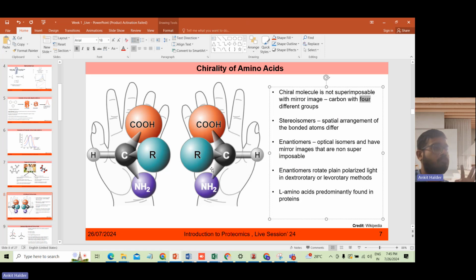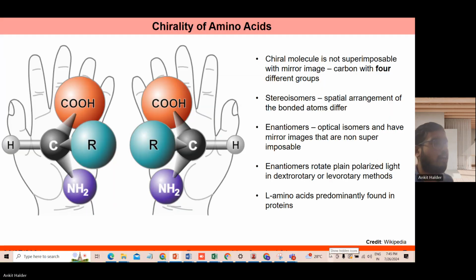So there must be four different groups that make the carbon atom a chiral one, and that will not be superimposable with its mirror image, right? So now, with this, we come to the configuration of the different isomers. First of all, if you just keep on noting down, the amino acids that we have said come under varied R groups are the ones that lead to the change and the different forms.